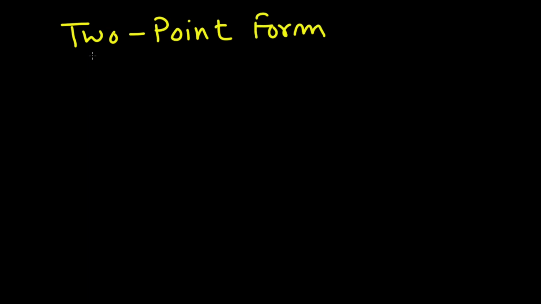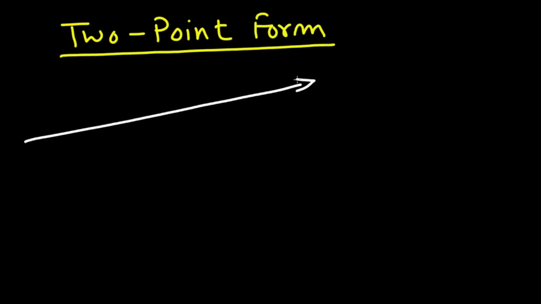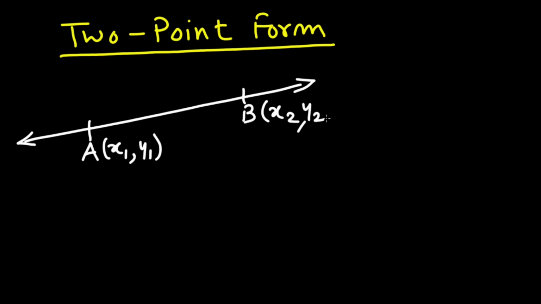Let us understand the two-point form of equation of a straight line. Suppose A(x1, y1) and B(x2, y2) be two distinct points on this line. Then with the help of the coordinates of these two points, we can find the equation of this straight line.